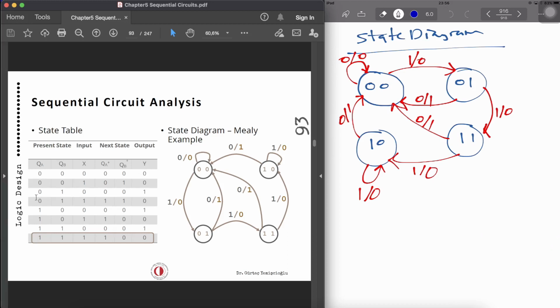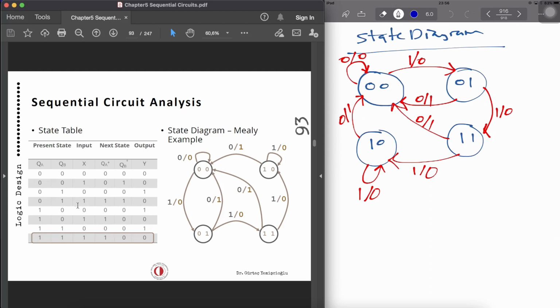So when you look at the table, now we have to make sure that they're all matching. For example, 1, 0 state and 1, 1 state, in both cases, when input is 0, next state is 0, 0, and the output is 1.